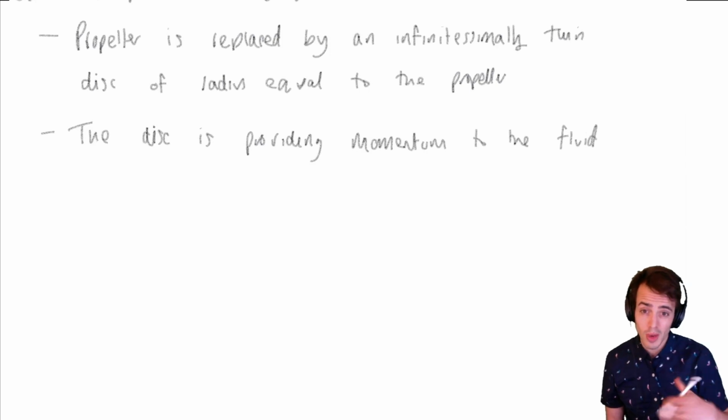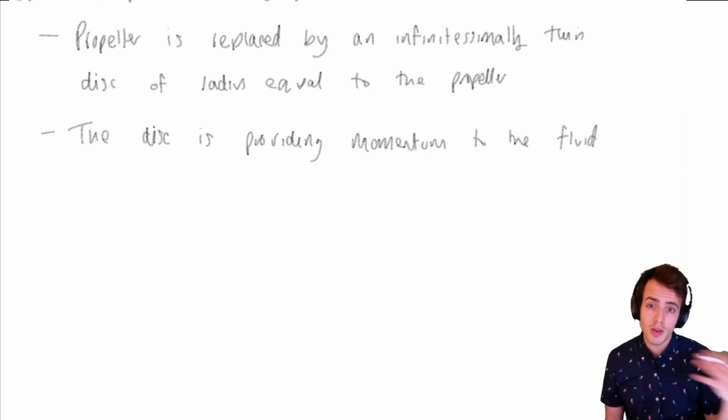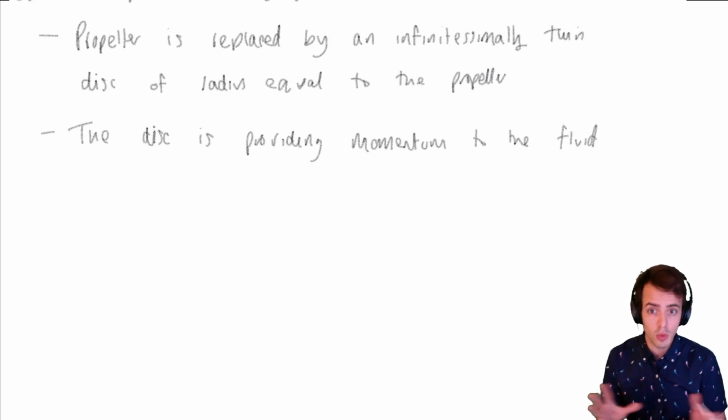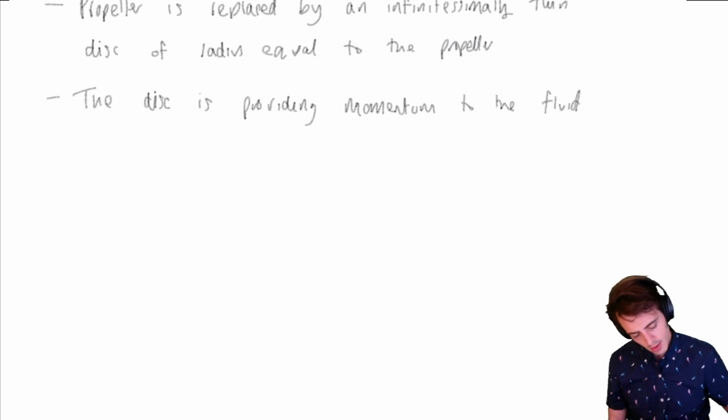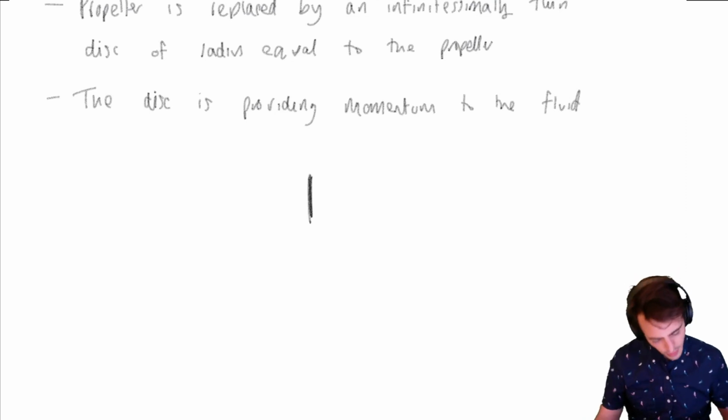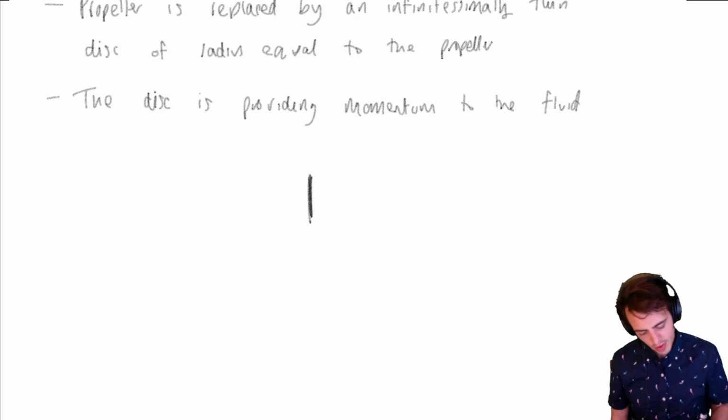But what it's not doing, there's no momentum discontinuity. Sorry, there's no velocity discontinuity at all within a stream tube. So this is my disc here, and we're looking at this from the side now.